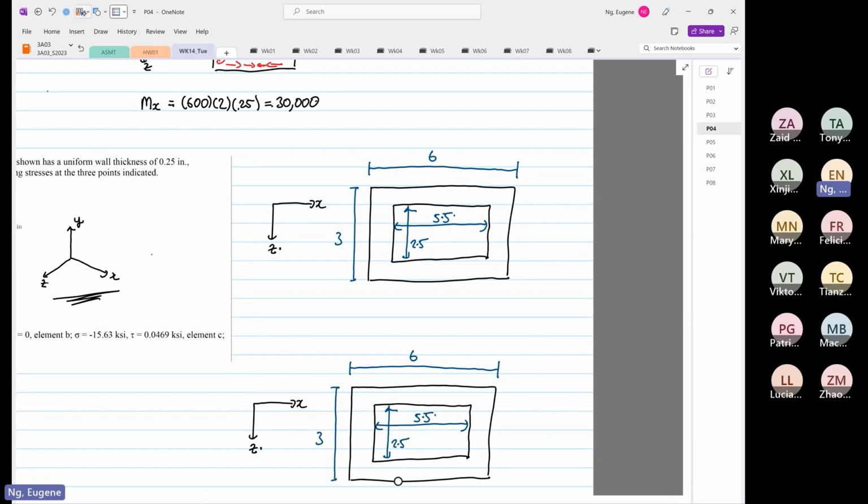So if this is our XX axis, this will be our width, and then this will be our depth for the XX axis.